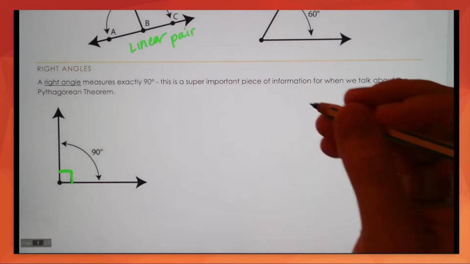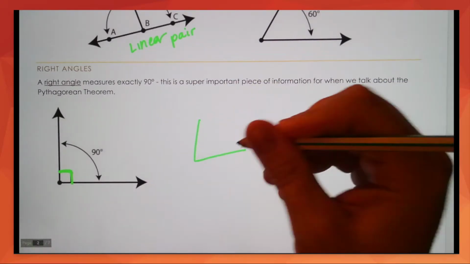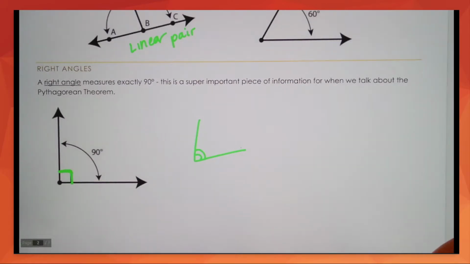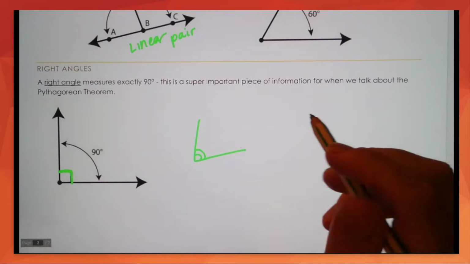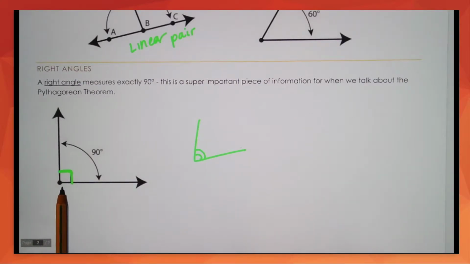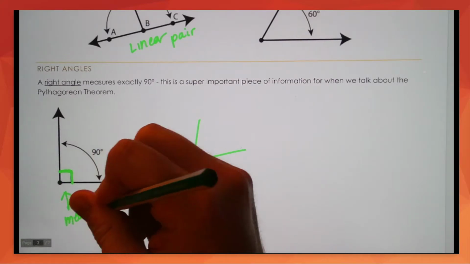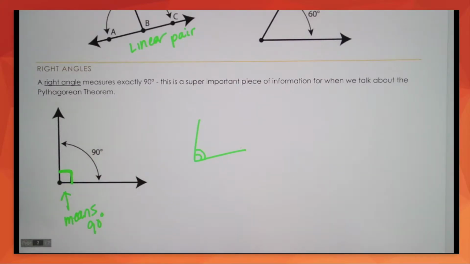Normally when we're talking about angles, we would use this little curvy semicircle to denote the angle we're talking about. In a right angle, this little symbol right here means that it's 90 degrees. You can always count on that. If that symbol is written there, that means that it's a 90-degree angle.